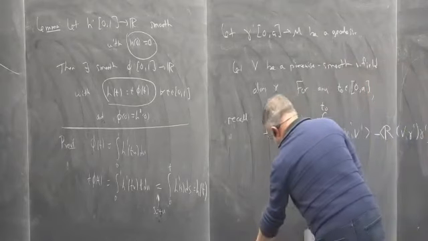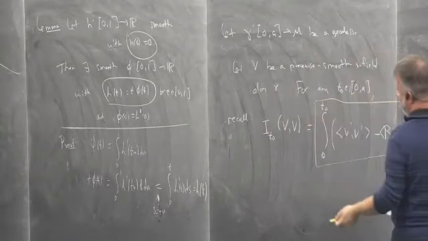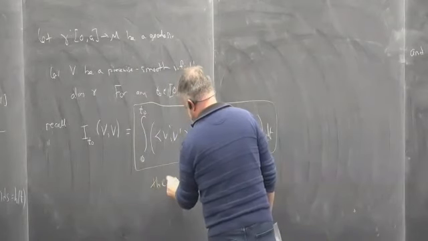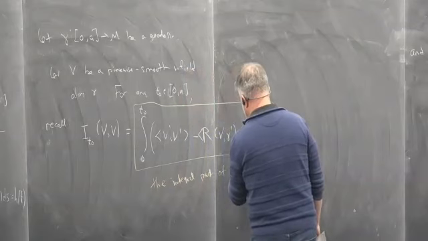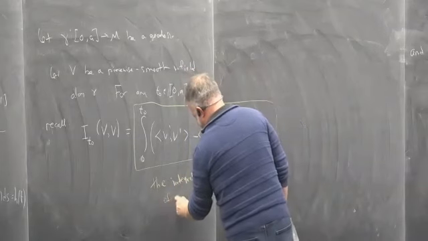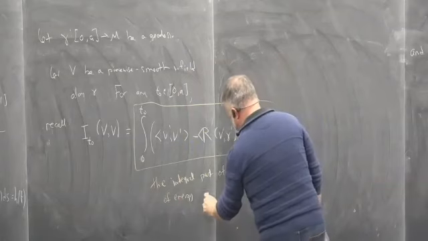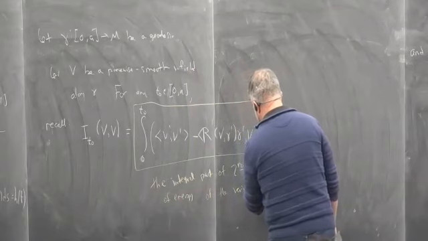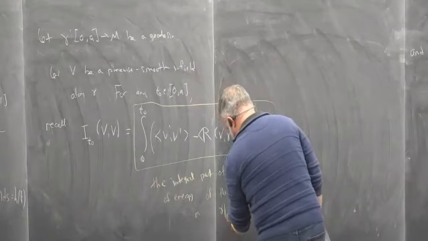So this is exactly, when T naught equals A, the integral part of the second variation formula for energy of the variation vector field V on gamma restricted to [0, T naught].